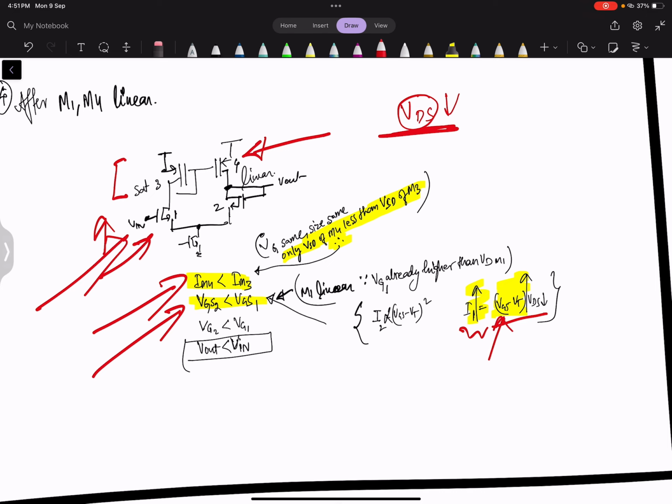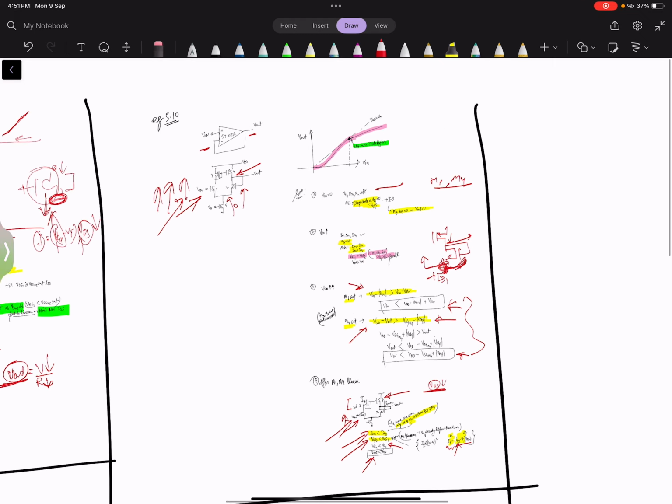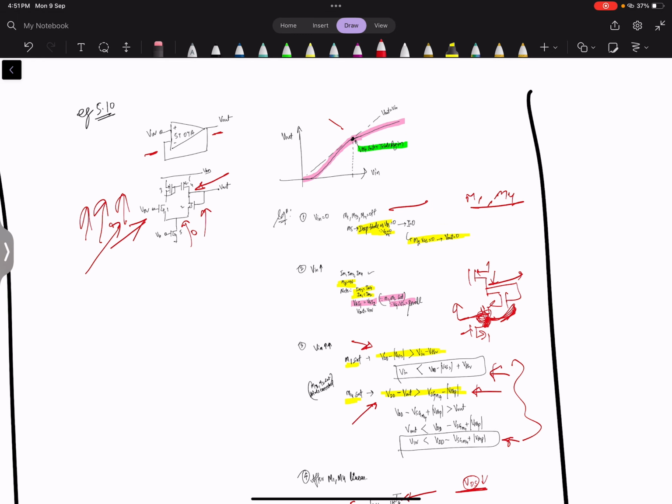So VGS1 is greater than VGS2. From here we can say that VG1 is greater than VG2, and so Vout is less than Vin. So after M4 goes from saturation to linear, Vout is less than Vin. So there is some difference.